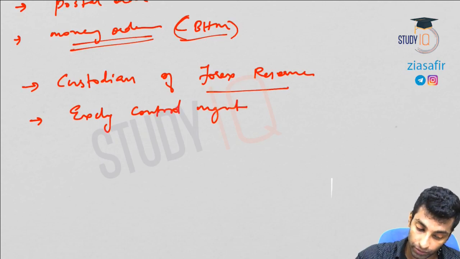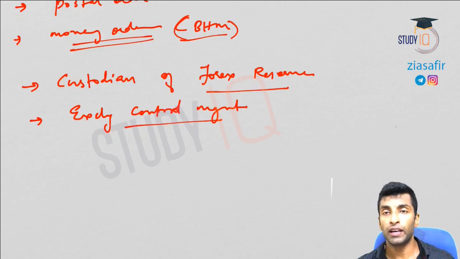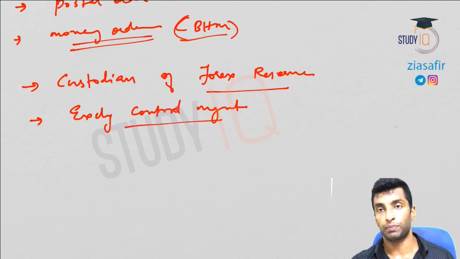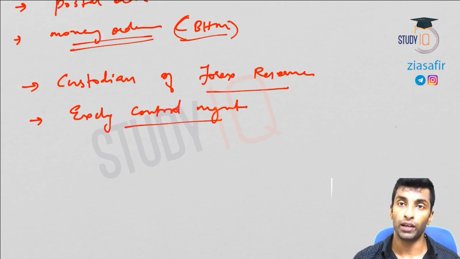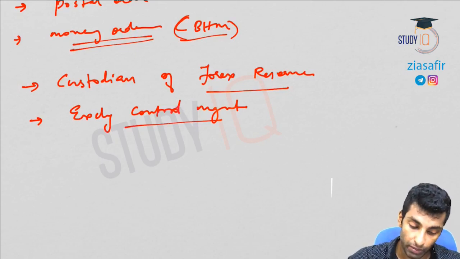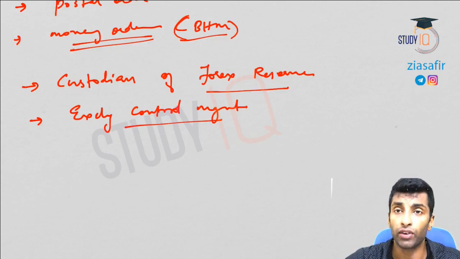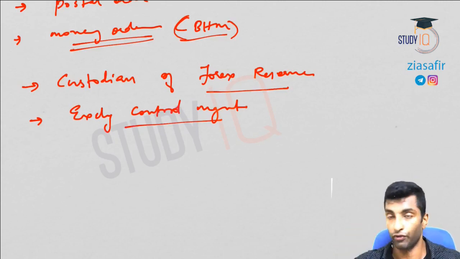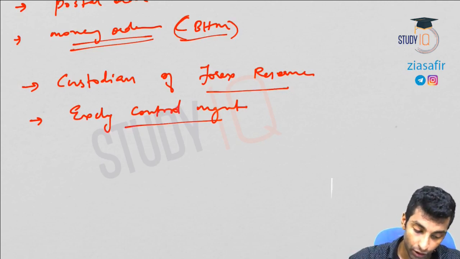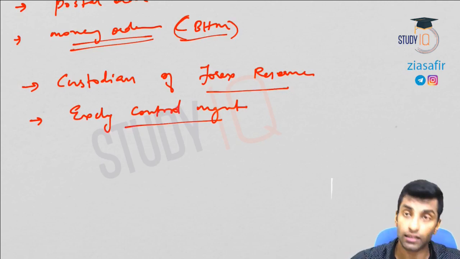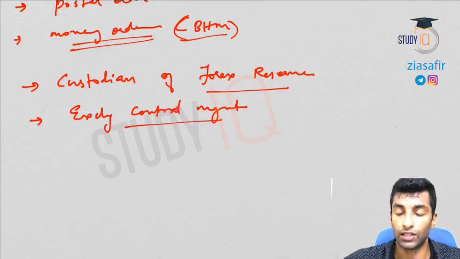RBI regulates the norms with respect to conversion of foreign currency and rupee and vice versa, and this is what you call convertibility. And we have complete current account convertibility, capital account partially convertible. It also manages the exchange rate of the rupee. It stabilizes the exchange rate of the rupee.